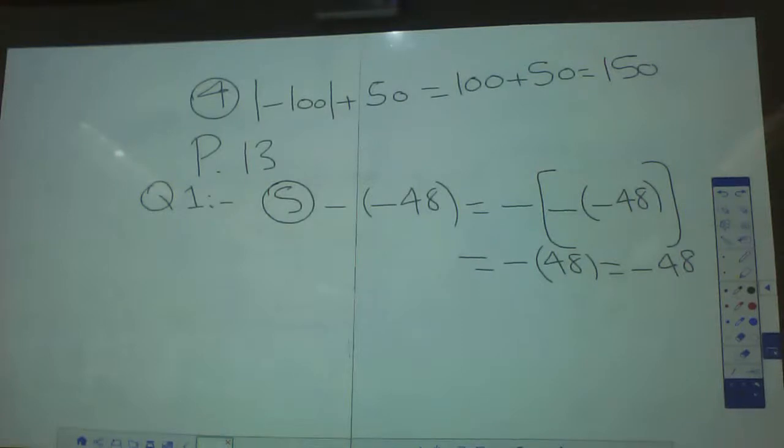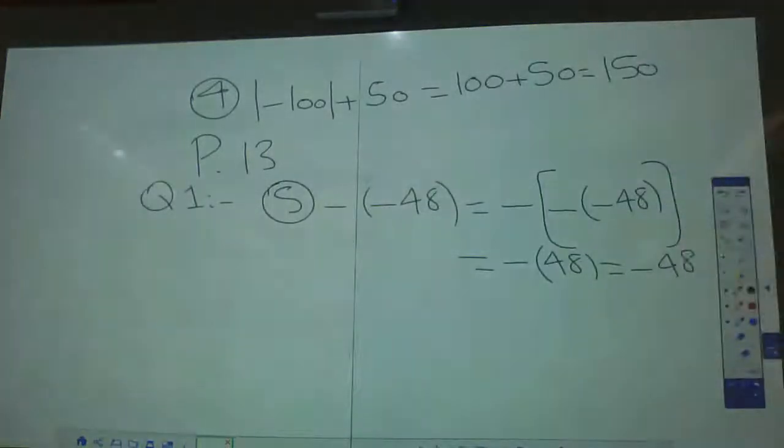Find the opposite number. Okay, good. Very good.